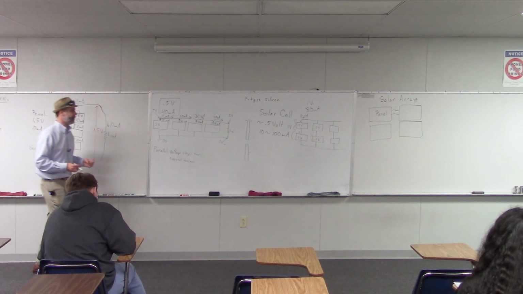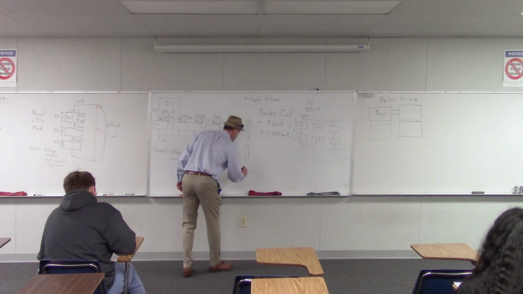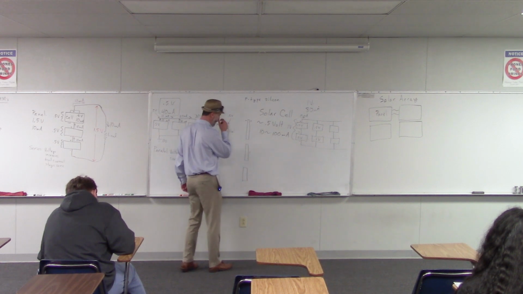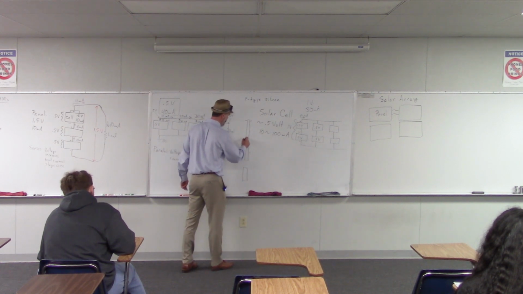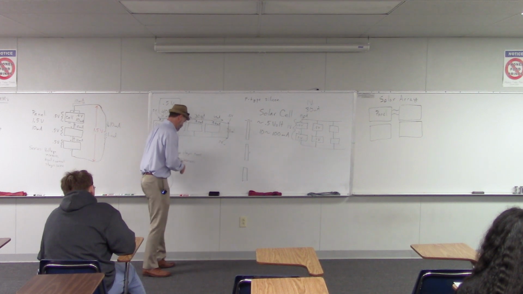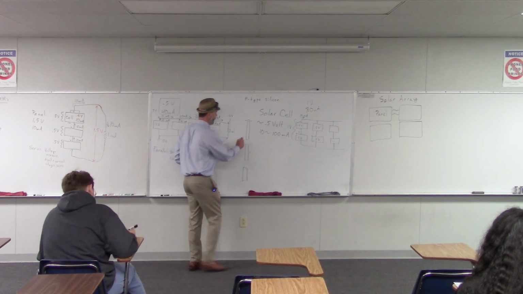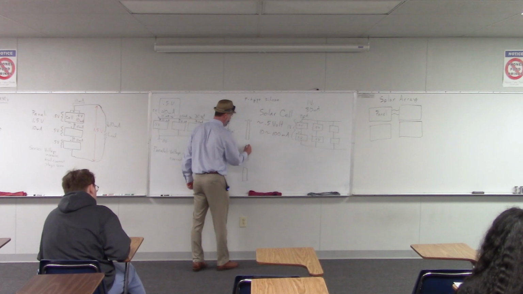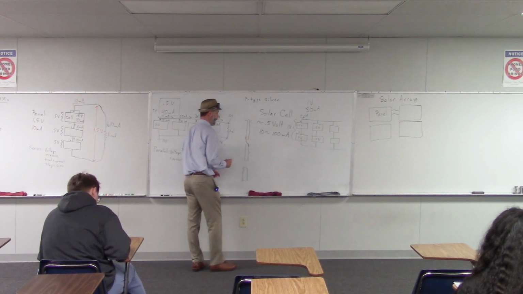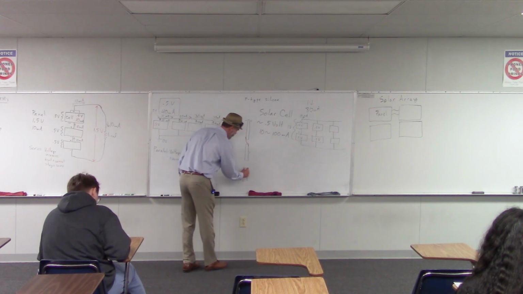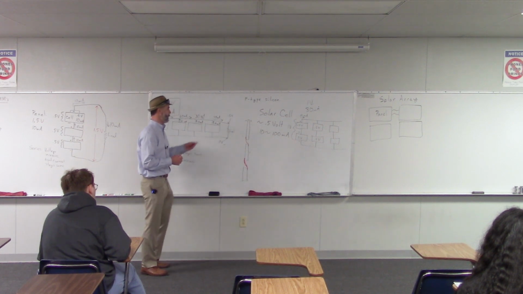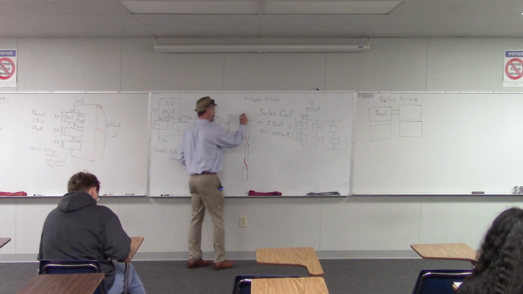So the way that a panel does that is that there are these thin strips of metal, and the metal goes from the positive side of one cell, and it sort of folds around and connects to the negative side of the next cell. So there, you can see that the cells are wired together like this. This is in series.